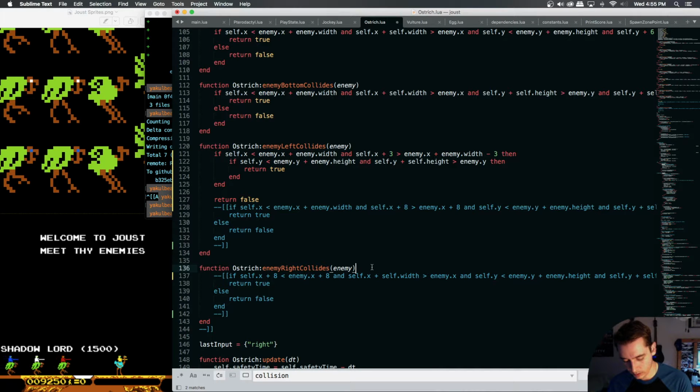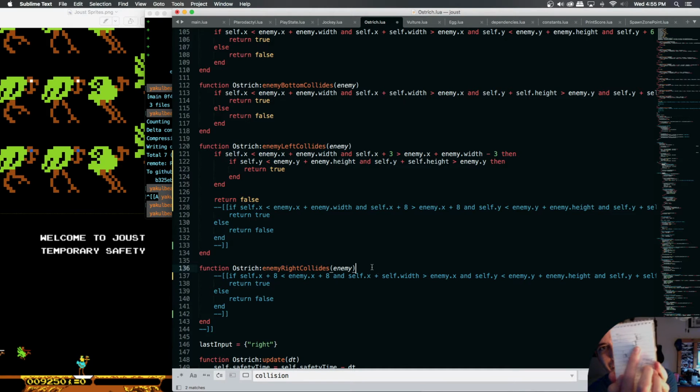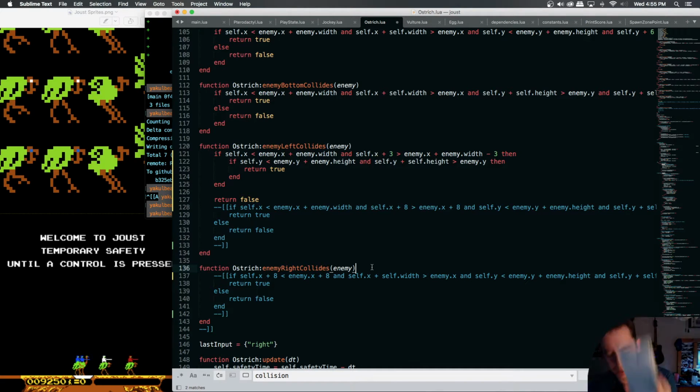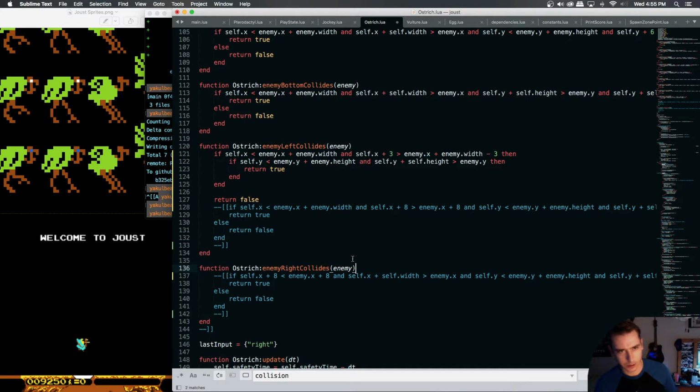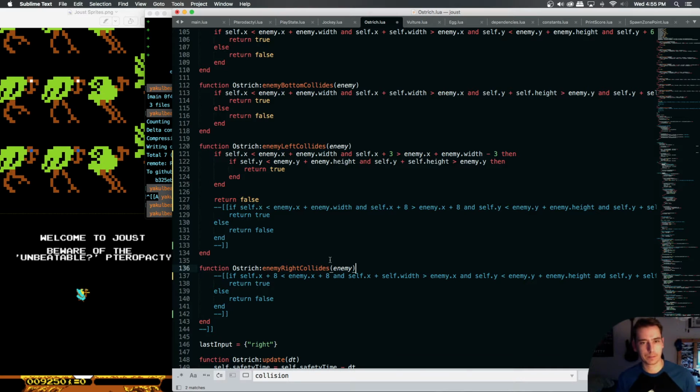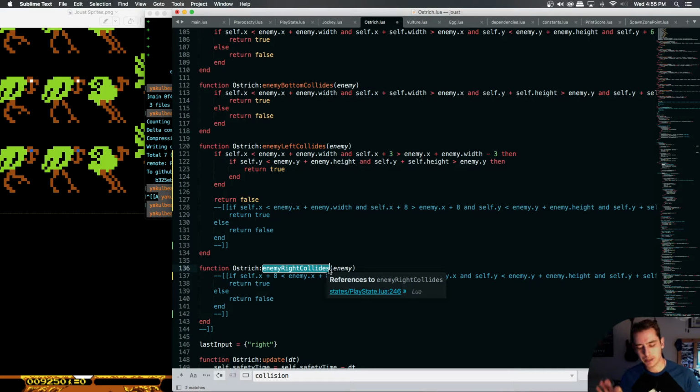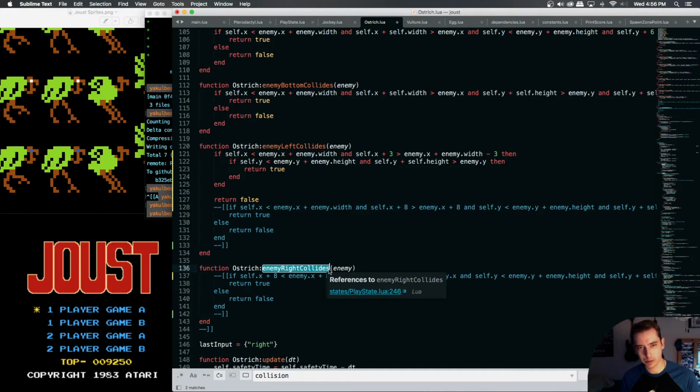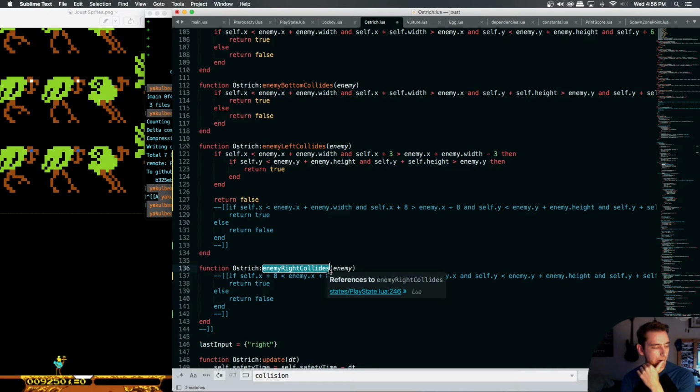So if this is ostrich and this is vulture, what I'm sketching is little boxes with shaded parts for the collidable boxes, just because it helps me visualize it. So if an enemy right collides, that means it has to hit the right side of our ostrich and the left side of our vulture. Actually, that's not even true. Yeah, it is.